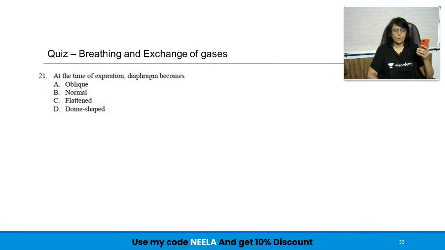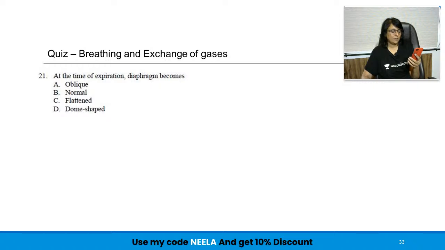Next, 21st question. Anju, Suchitra, Kavipriya, they're saying D. Rajni is also saying D. At the time of expiration or exhalation.